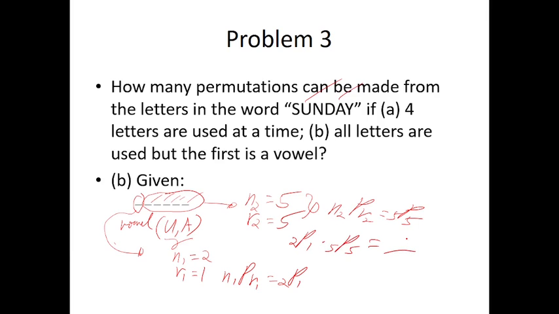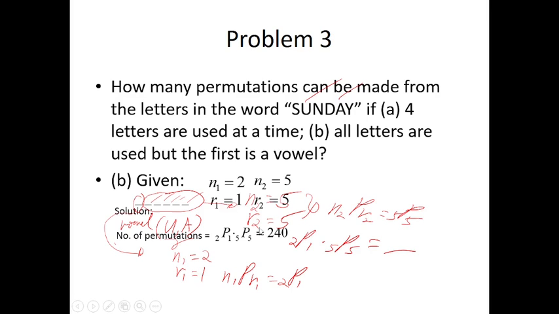In other words, N1 is 2, R1 is 1, N2 is 5, R2 is 5. Solution: number of permutations, 2P1 times 5P5, and that is 240.